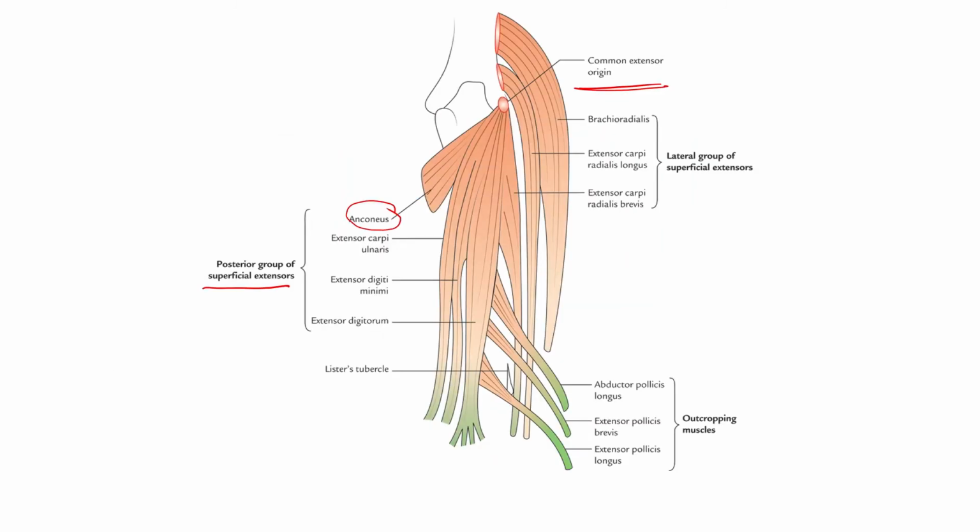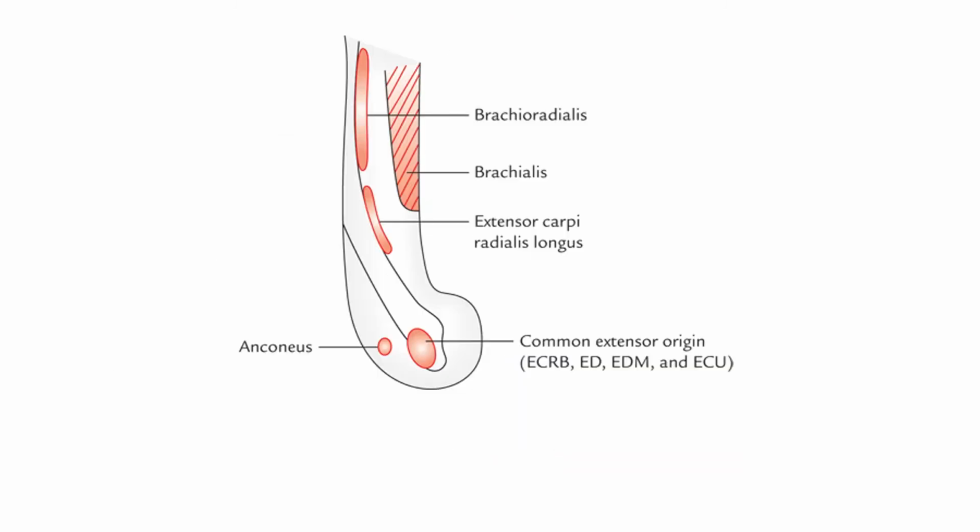It is not exactly over the lateral epicondyle, just the area behind it. This part of the humerus just behind the lateral epicondyle gives origin to the muscle called the anconeus. So this is about the origin.